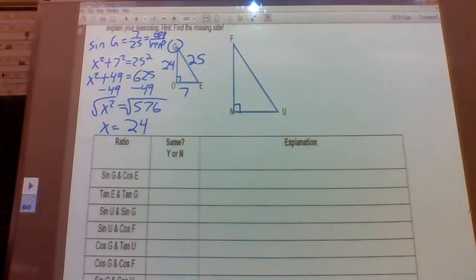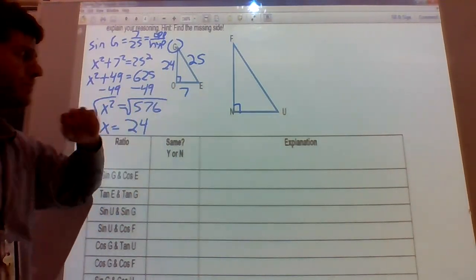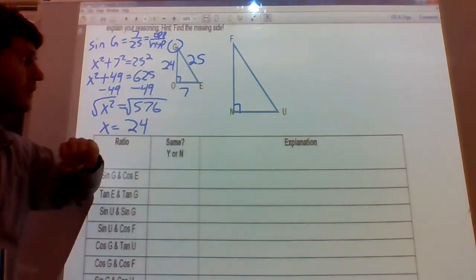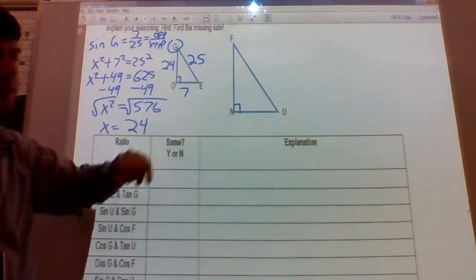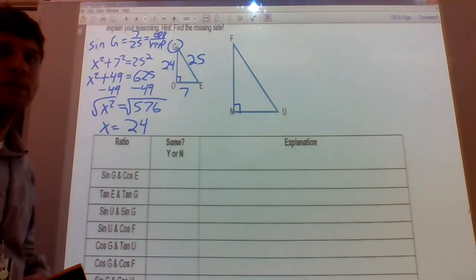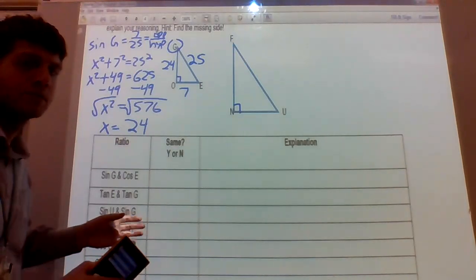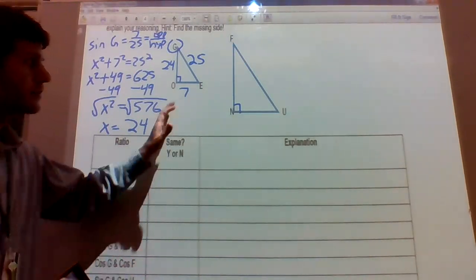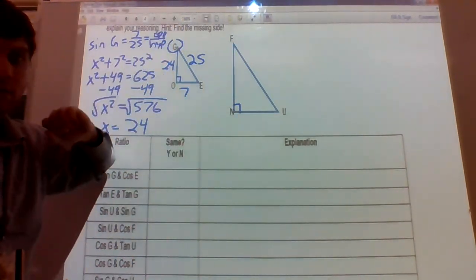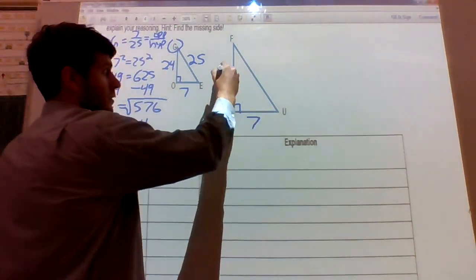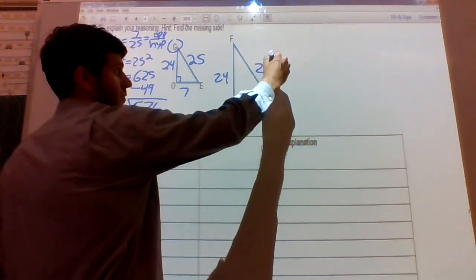So we have a 7, 24, and 25. That's the ratios of our first set. We don't know if those are the actual lengths. The actual lengths here could be 14, 48, and 50. Could be 70, 240, 250. We don't know the actual length of any of those sides, but we know that the ratio of those three sides is 7 to 24 to 25. Since these triangles are similar, the ratios of these sides are going to be 7 to 24 to 25.